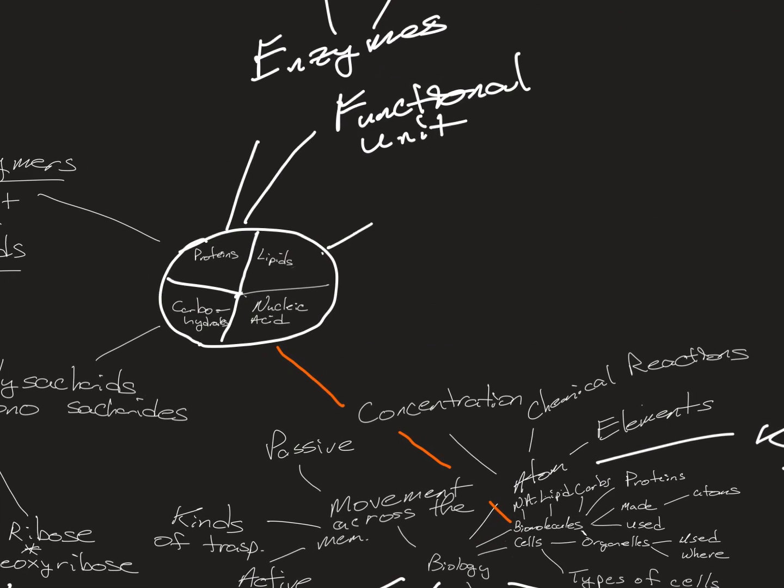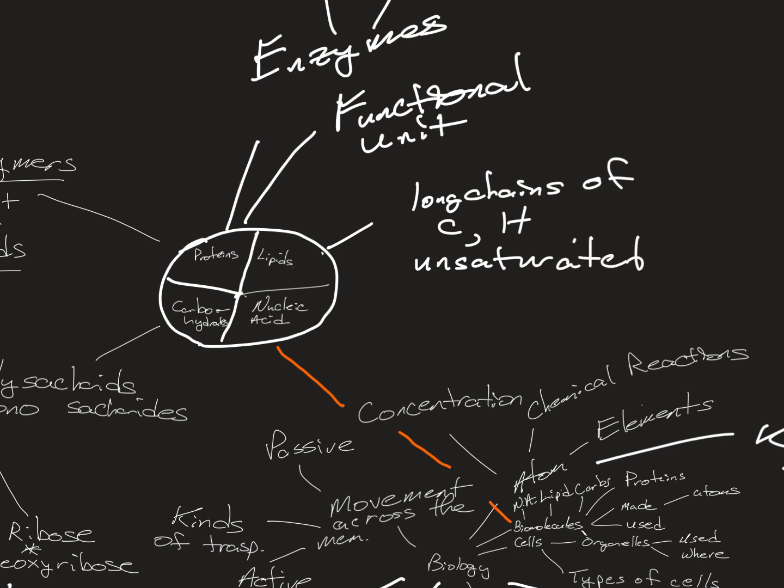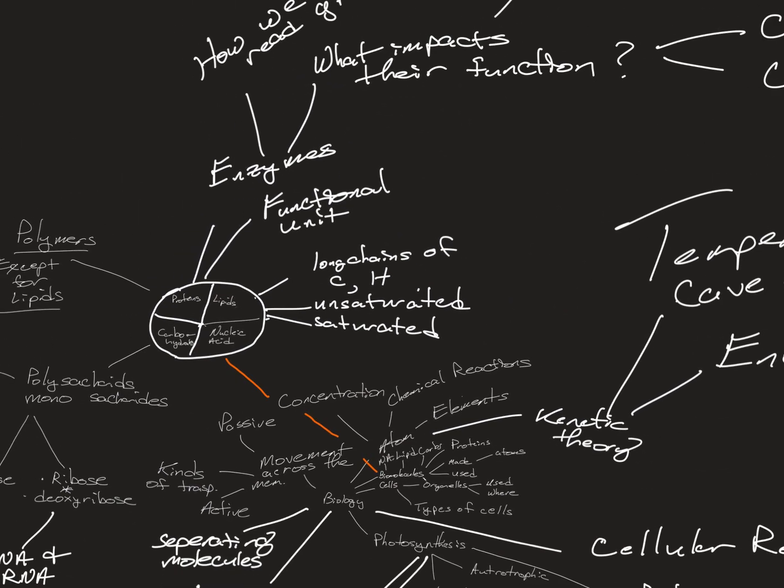Lipids are long chains of carbon and hydrogen. They can be saturated or unsaturated. They can form things like steroids, which are carbon hydrogen bonds that are rings.